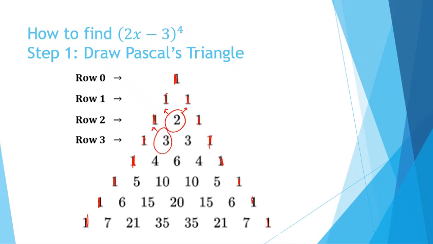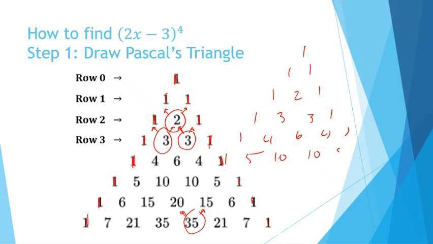So 1 plus 2 is 3, right? 1 plus 1 is 2. Like here, 20 plus 15 is 35. So 1, 1, 1, 2, 1. There should be 1, 3, 3, 1 on the side. 1, 4, 6, 4, 1, 1, 5, 10, 10, 5, 1, 1, 6, 15, 20, 15, 6, 1, right?